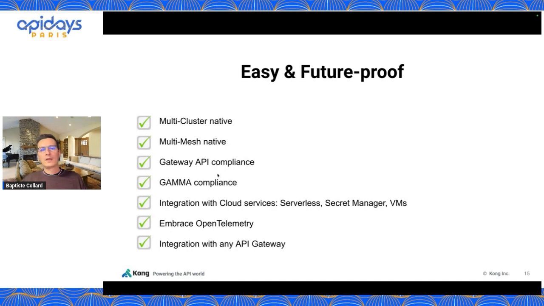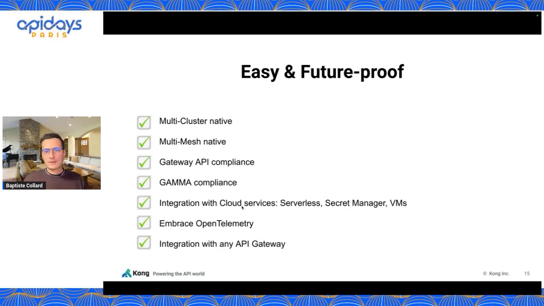Also, we are actively contributing both to the gateway API interest groups, as well as the sub-project called Gamma, which is a way of standardizing the traffic inside a service mesh. So we're trying to stick to this approach.